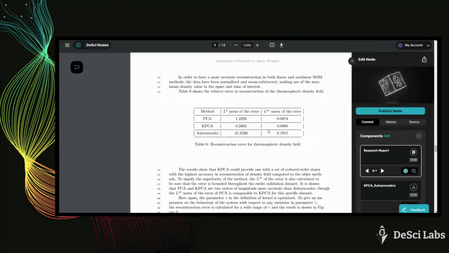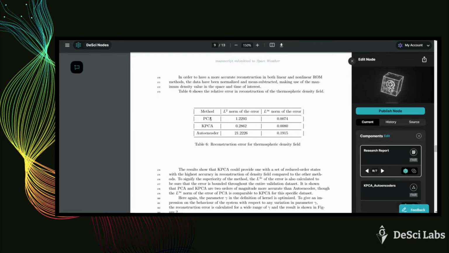So this is the same thing that I showed you for the Lorenz system, the L2 norm. And you can see again KPCA is better. But here, for example, you can see the autoencoder is much worse than PCA. The problem is that for the Lorenz system, we could easily generate more data because we had the differential equations, so we could simulate as much as we want.